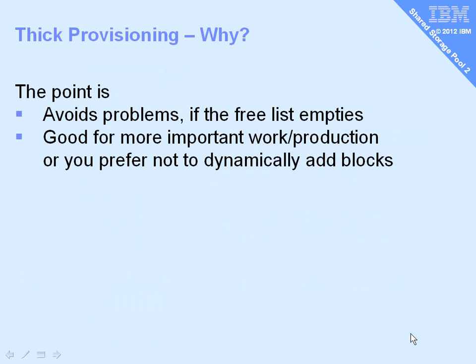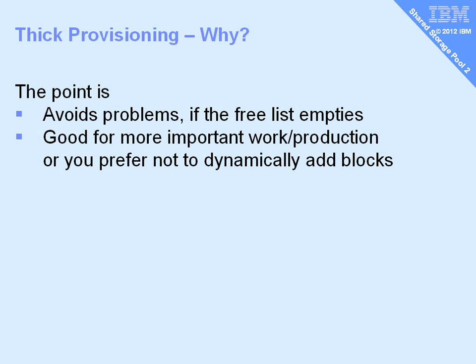So thin provisioning, so good, why do we still want thick provisioning? Well, there's a little problem with thin provisioning: if you write to a disk and there are no free entries in the pool, then there's not much we can do. All we can do at that point is return disk errors back to the virtual machine.